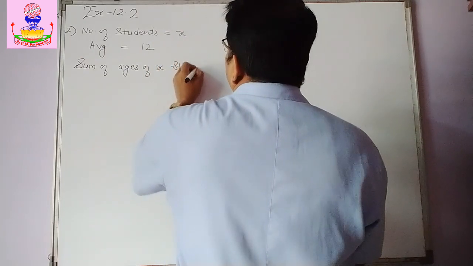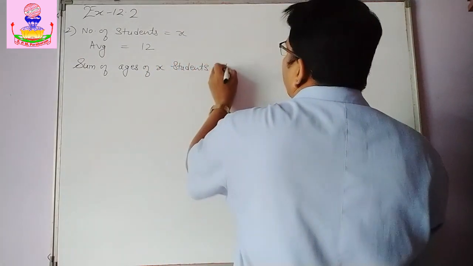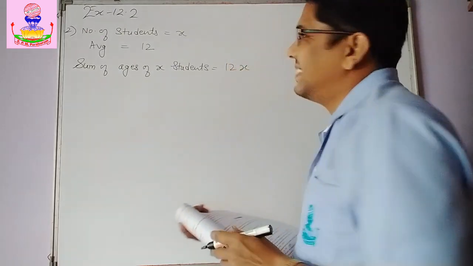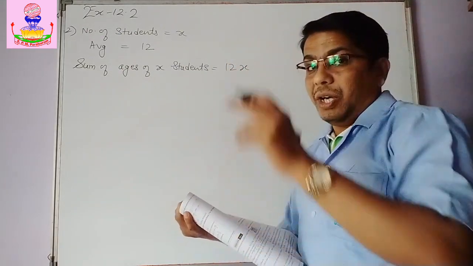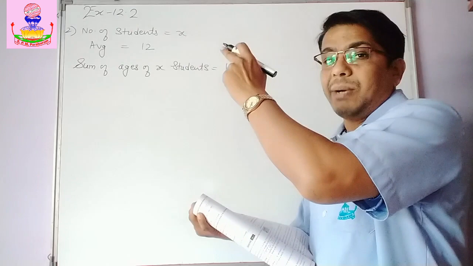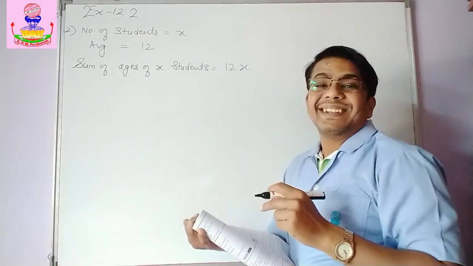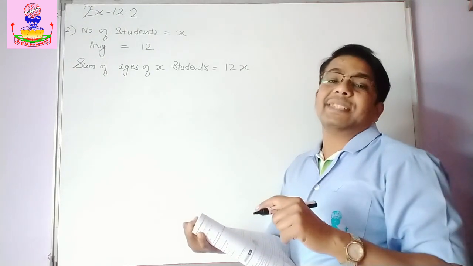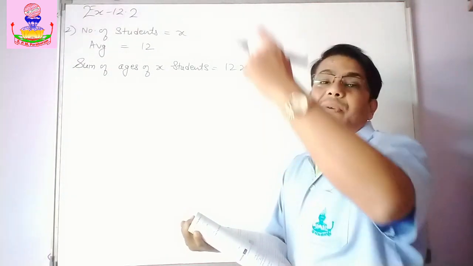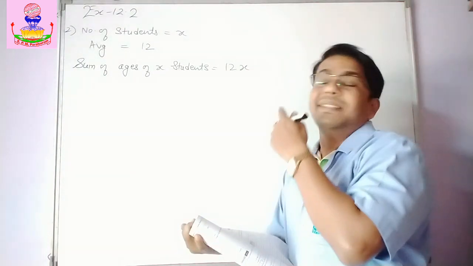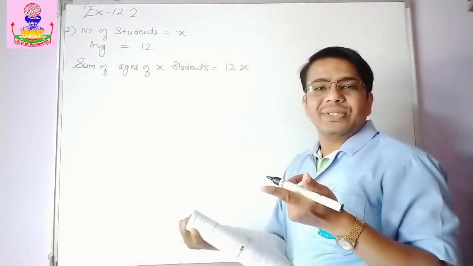Yes, of course, 12x. Why? Because average is equal to the sum of the ages of the students divided by the total number of students. My total number is x and the average is 12, so 12 into x, 12x, is the sum of ages of the students.